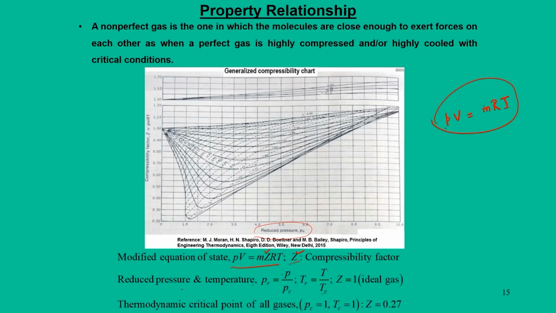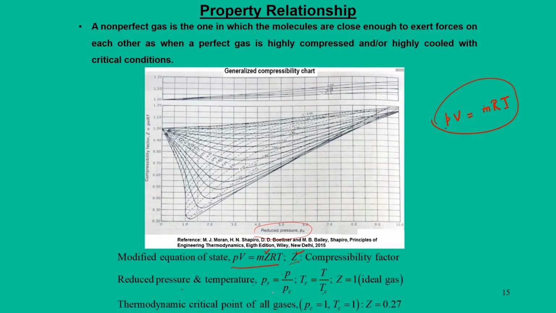So, they vary from gas to gas. For these values we can refer to gas tables; nitrogen will have different values of Pc and Tc, and oxygen will have different values of Pc and Tc. Those numbers you can find in tables available in any common textbook.